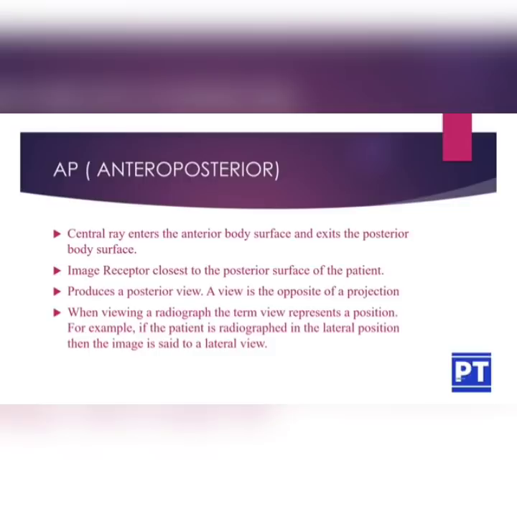It is a simple hint to remember what is meant by anteroposterior. The central ray enters the anterior body surface and exits the posterior body surface. The image receptor is closer to the posterior aspect of the patient and produces a posterior view.